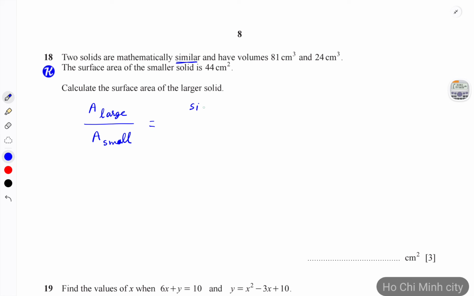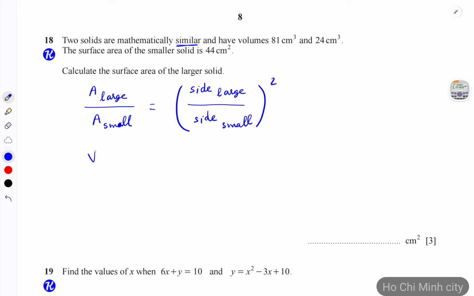This one is the side of the large divided by the side of the small, squared.